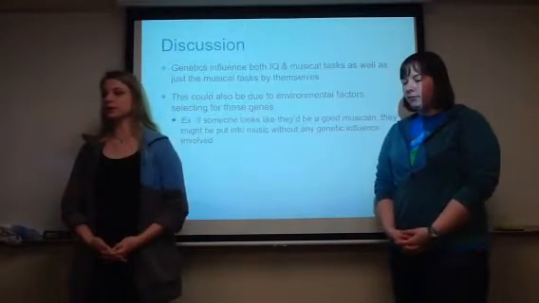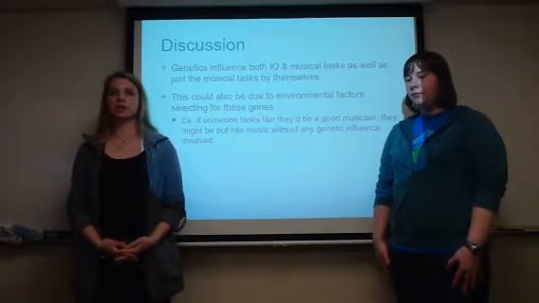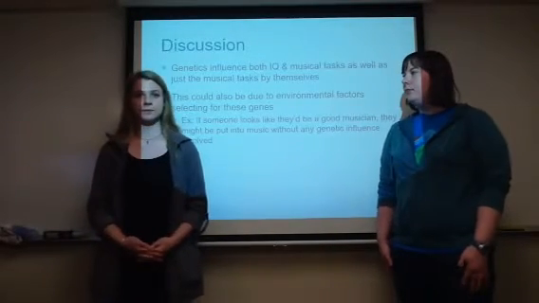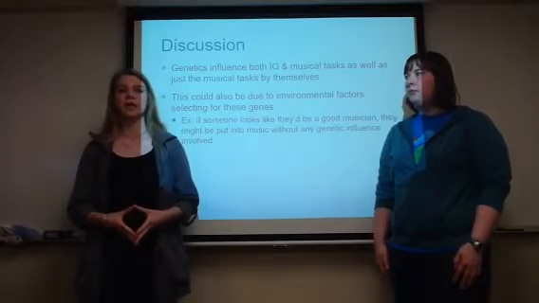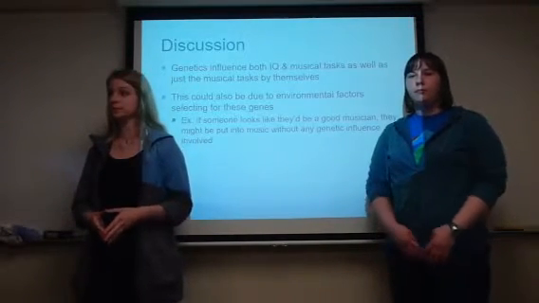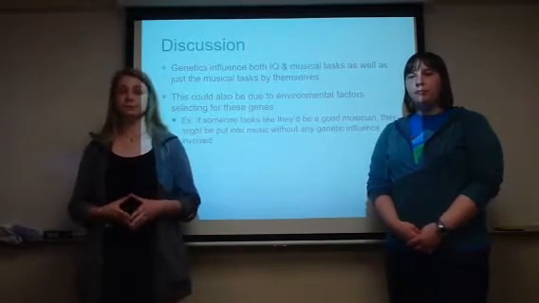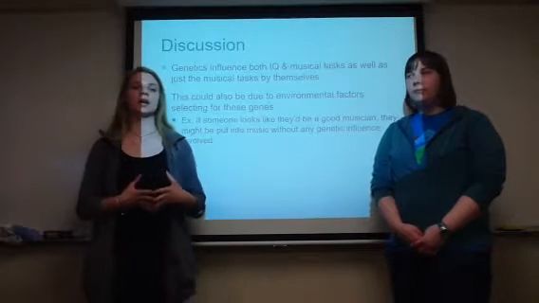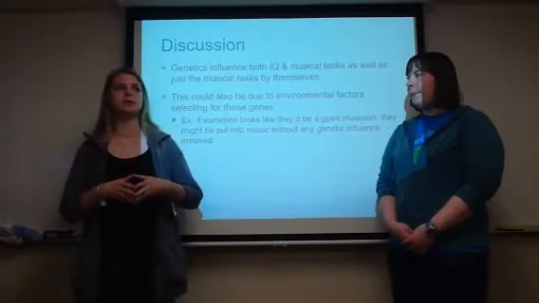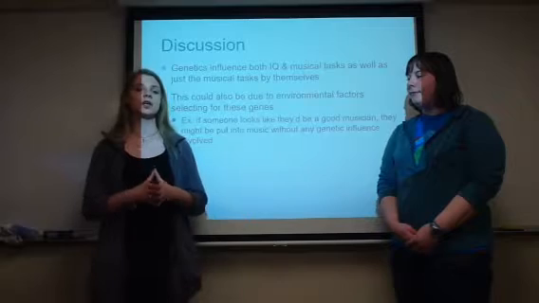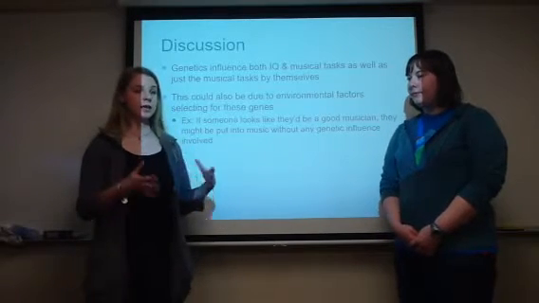The results also suggest that this could be due to environmental factors. These environmental factors can be selecting for certain genes. For example, if someone looks like they are a good musician, such as being a cello player, they could be put into cello lessons.